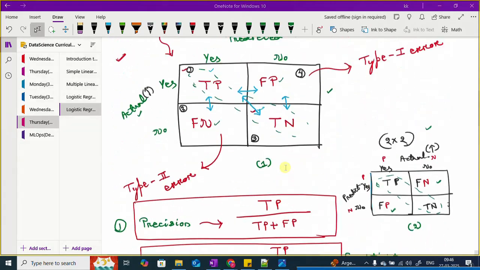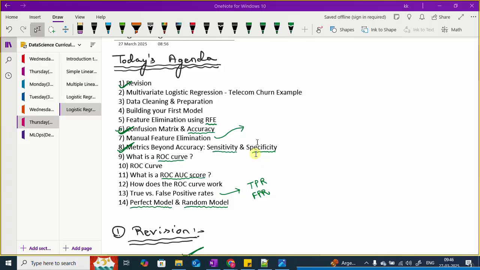If no, then let's move to the next one. Okay, it's a very important thing. What is ROC curve? Point number 9.